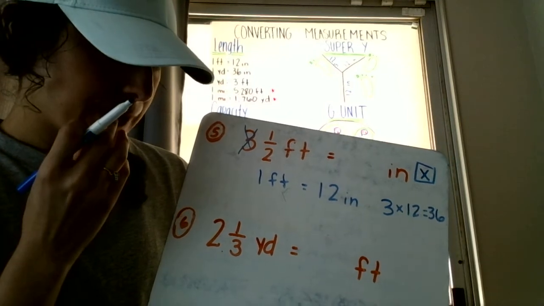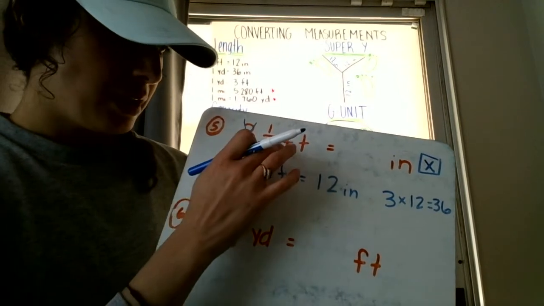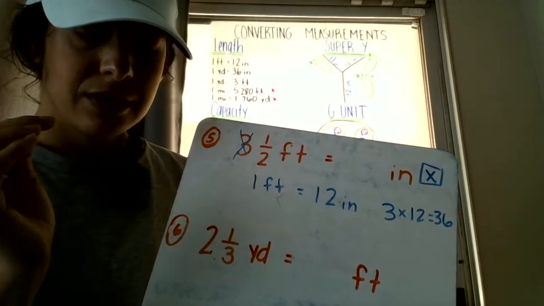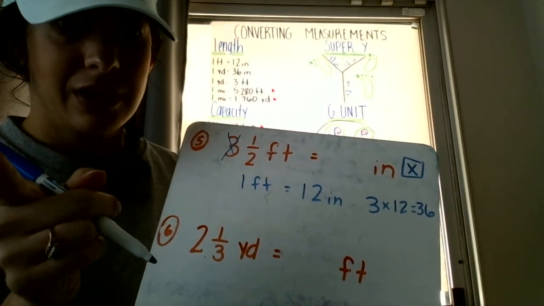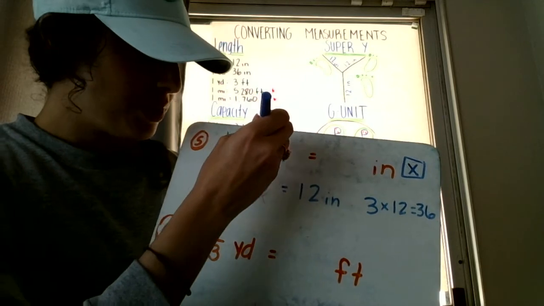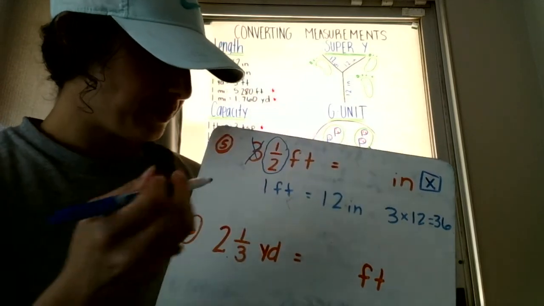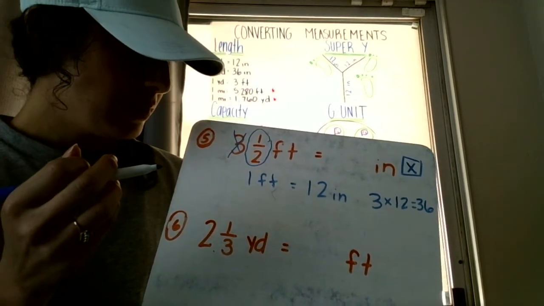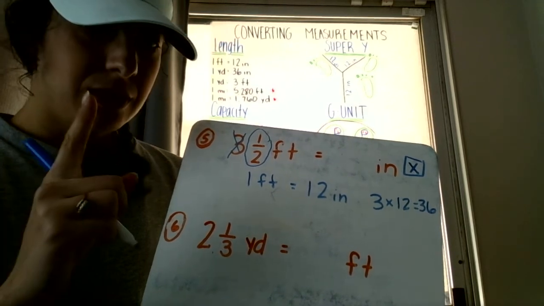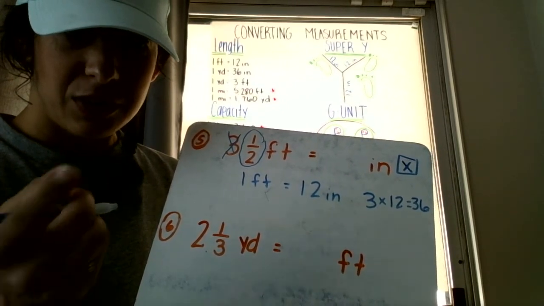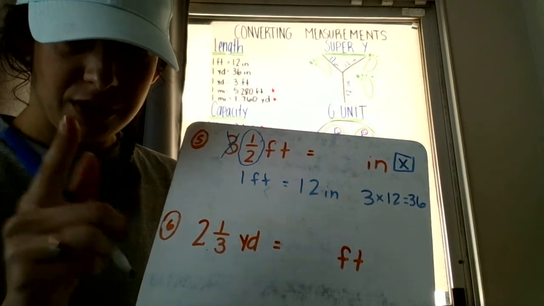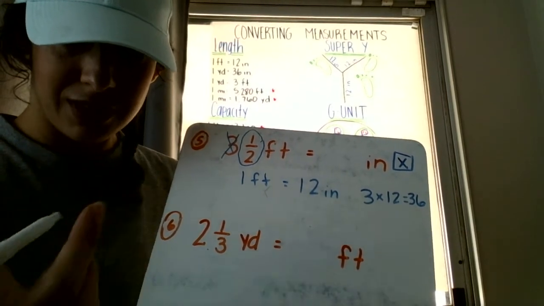Let's think about it. Okay. Half a foot. If 1 foot has 12 inches, and I'm working with a half a foot here, how many inches is that? 12 inches in 1 foot. What's half of 12? 6, right?